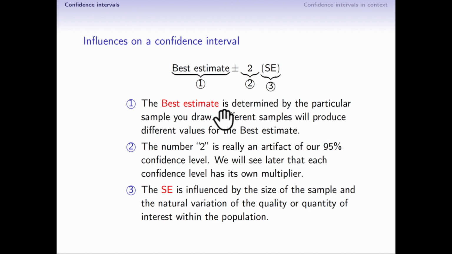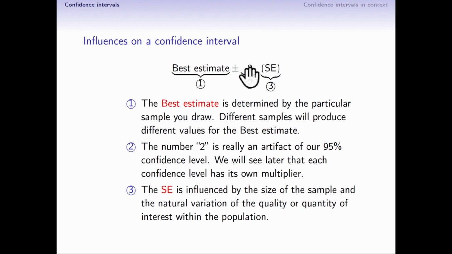So 1 is related to the best estimate. The best estimate is determined by the particular sample you draw. Different samples will produce different values for the best estimate. So that's the influence that a particular sample has on our confidence interval. It is going to determine the center of that interval.